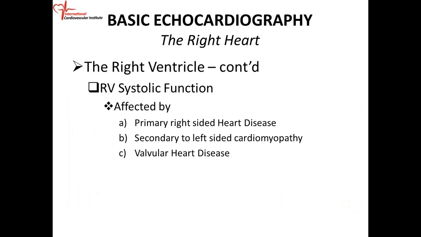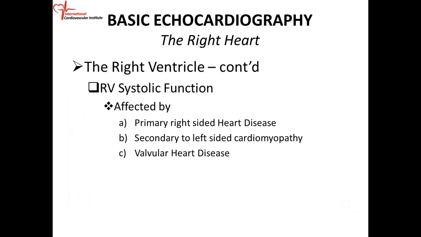Pulmonary hypertension over time can also affect the function of the right ventricular wall, the function of the right ventricle. So it's important to determine the systolic function of the RV, how well the RV is pumping, just like the left ventricle. So RV systolic function can be affected by primary right-sided heart disease.